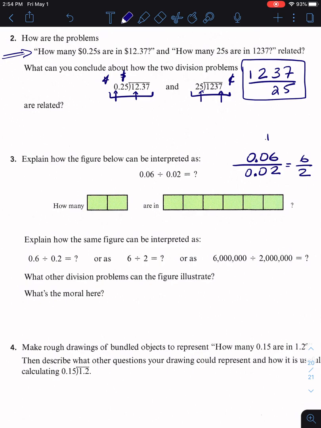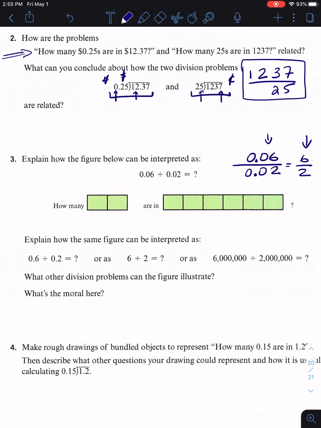So here we would be looking at dollars, 6 cents is $0.06, and here we'd be looking at cents. But as long as we're looking at the same ratio between those two, the number of groups should remain the same.